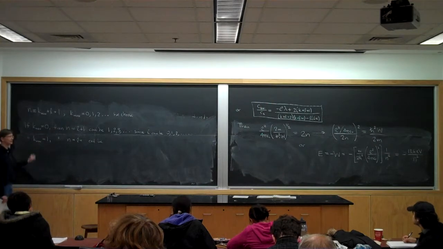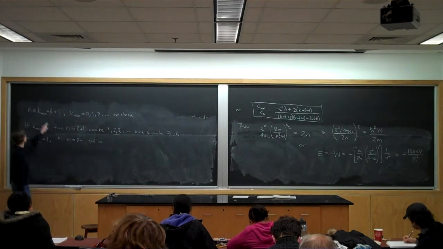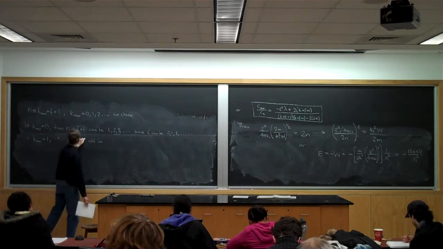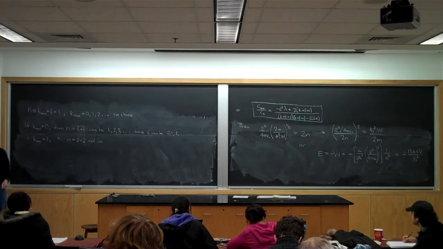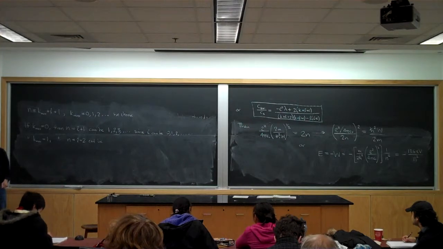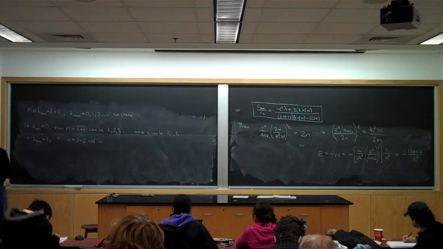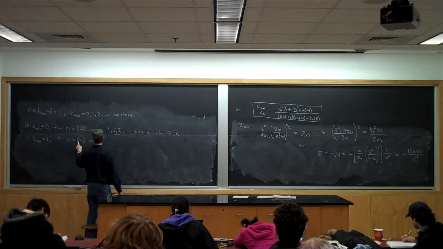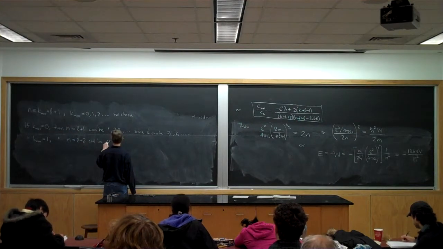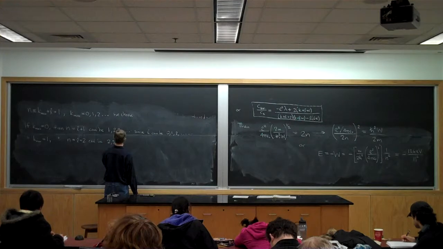If k max is 1, what is n? L plus 2, because it's k max plus L plus 1. Then n equals L plus 2 can be what possible values? 2, 3, 4, 5, because L can be 0, 1, 2, so therefore n can be 2, 3, 4, etc.